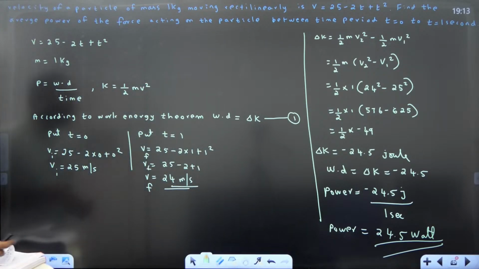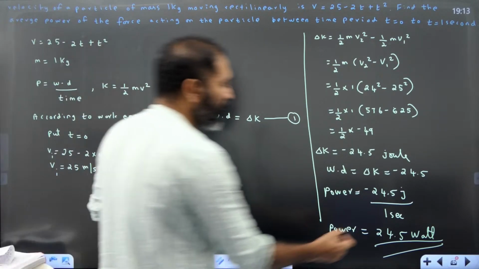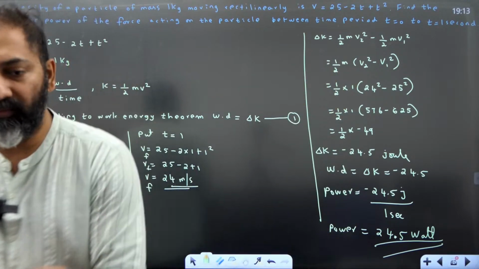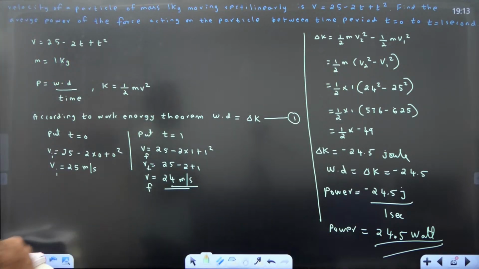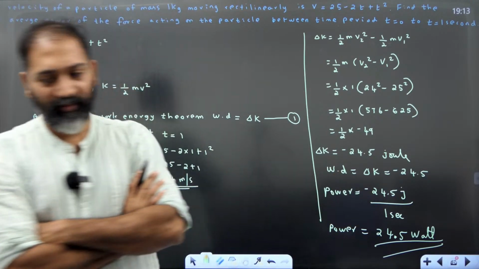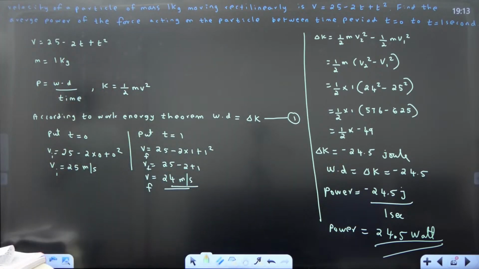So what is the correct answer? 24.5 watt. Power is a scalar quantity, so it's better to write plus 24.5.